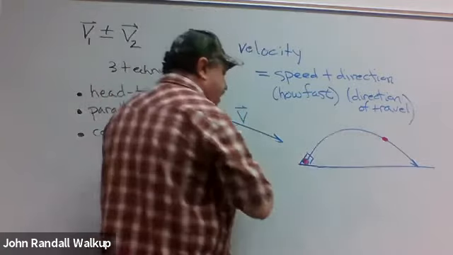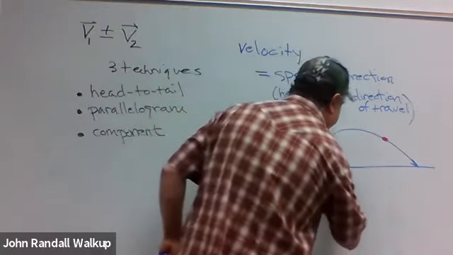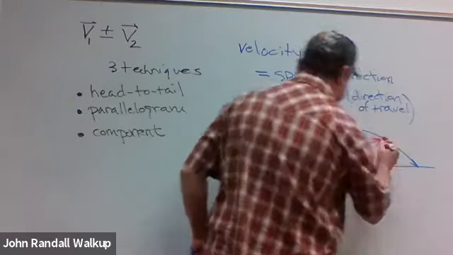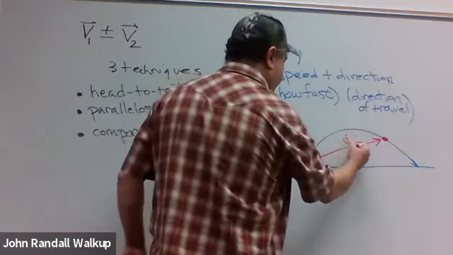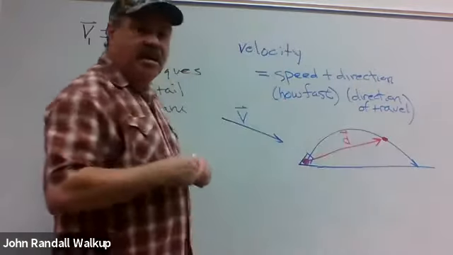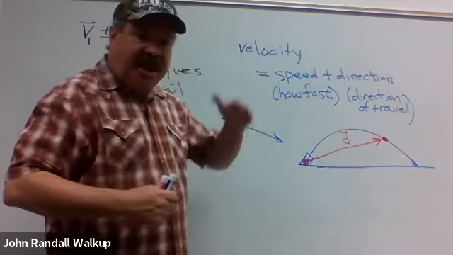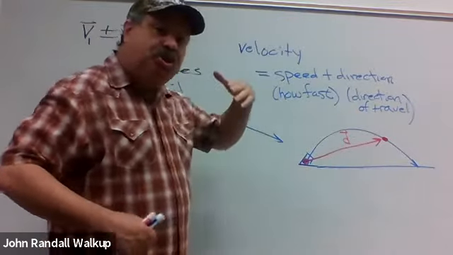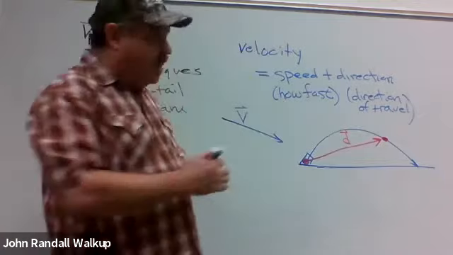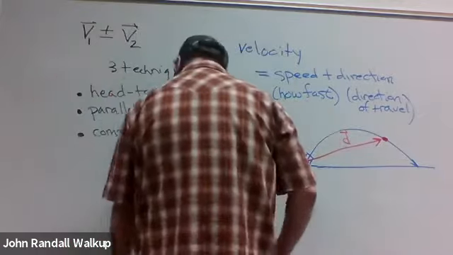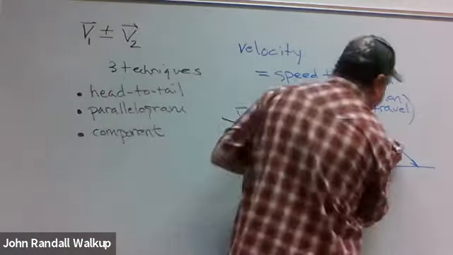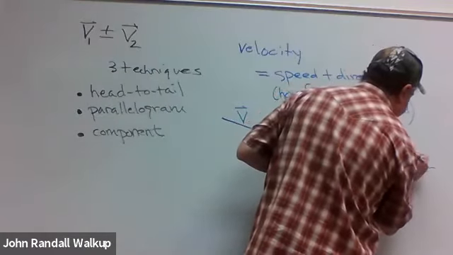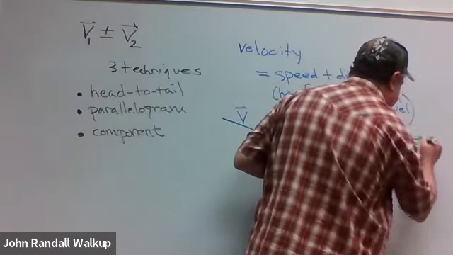And therefore, this is your displacement vector. The velocity vector is how fast it's traveling and in which direction it's traveling. And therefore, this is the velocity vector.